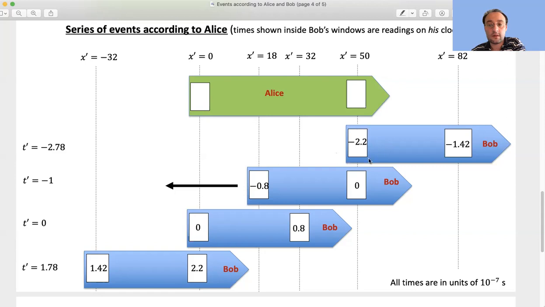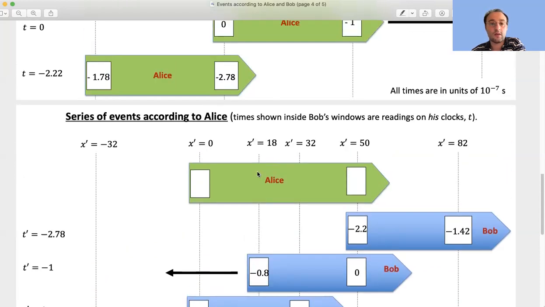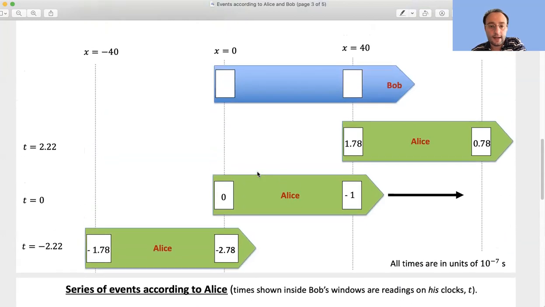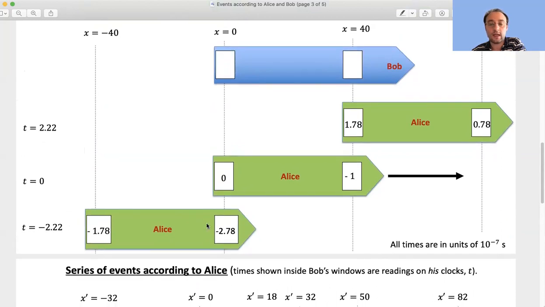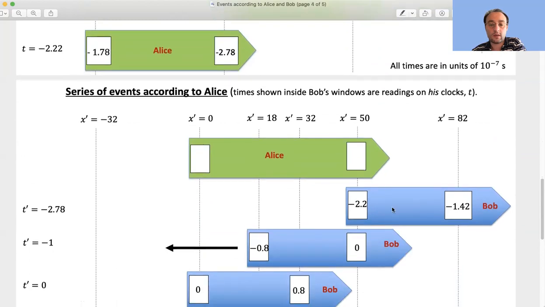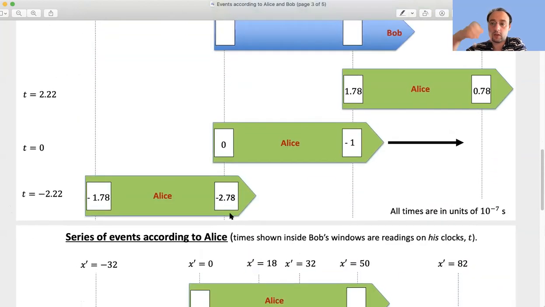Bob's clock in the back reads minus 2.22, so that's Bob's back aligned with her front. So let's go back here. Bob's back is aligned with her front, so it's minus 2.22 on his and minus 2.78 on hers. So these two pictures must agree with each other.